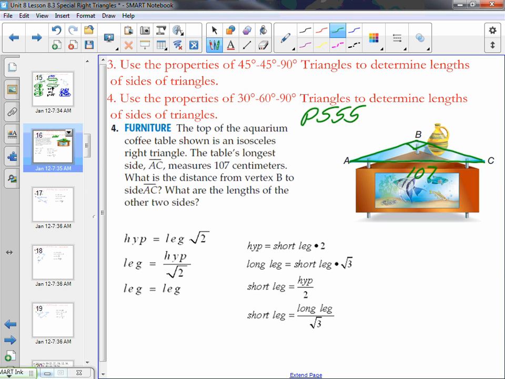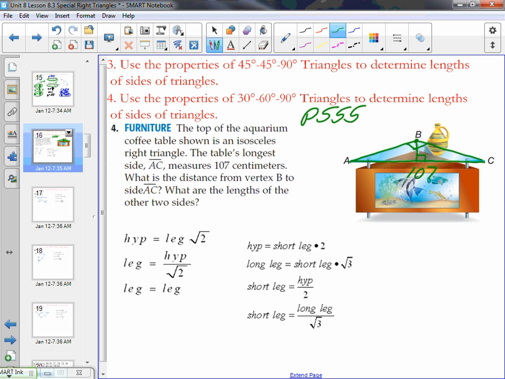How do you find the distance from a point to a line? By drawing a segment from the point perpendicular to the line and finding the length of that segment. Okay, that's the distance from B to side AC.